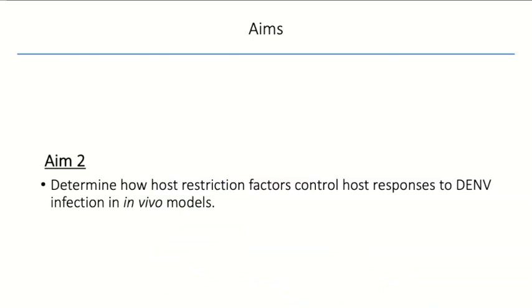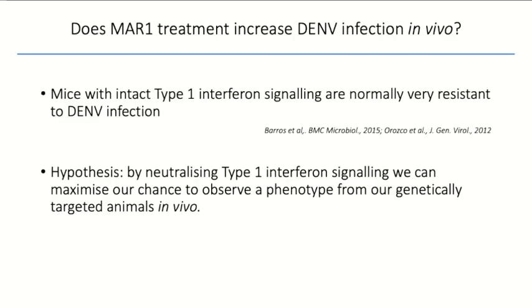I will now go on to describe the findings from my second aim of my research, which was to extend and confirm the role of host restriction factors that I'd identified in vitro in an in vivo model of dengue virus infection. Mice with intact type 1 interferon signaling are normally very resistant to dengue virus infection.